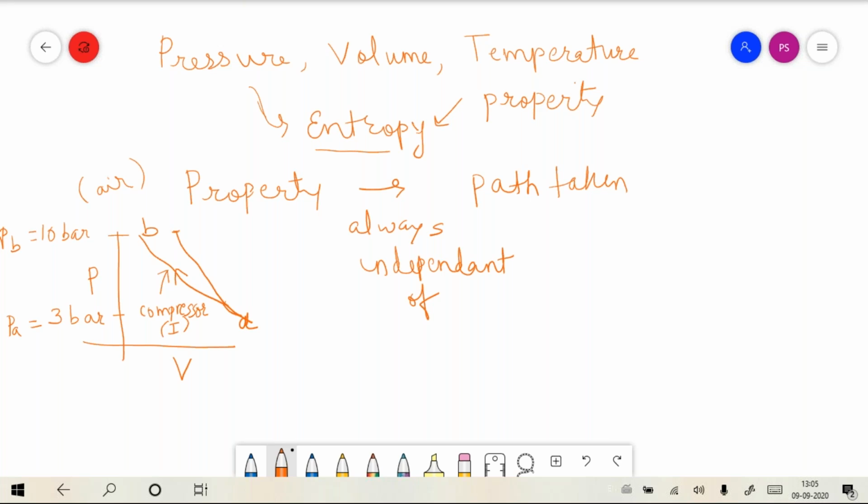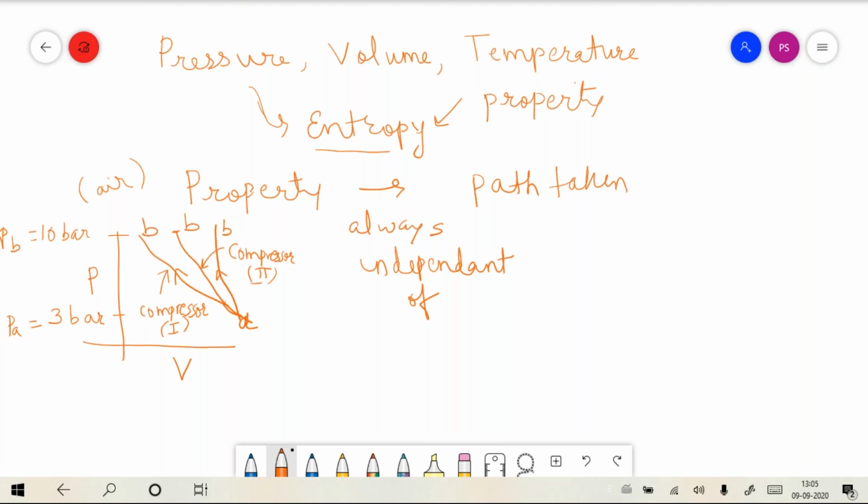So this fellow is using a compressor 2, and he is also compressing the air from 3 bar to 10 bar. Third person would use a compressor 3, and he would take another path, obviously, for compression, and that would again be from the initial pressure 3 bar to 10 bar.